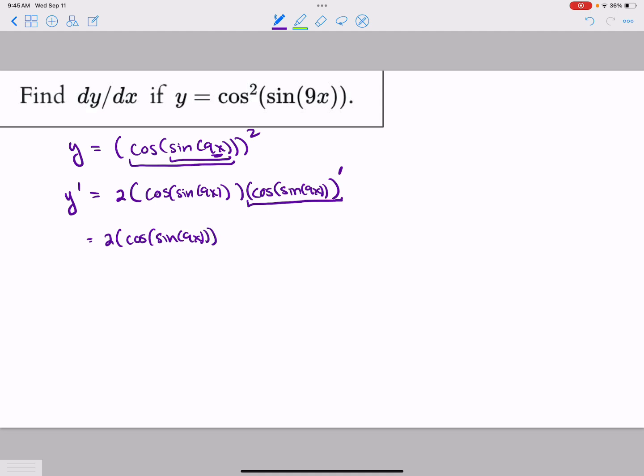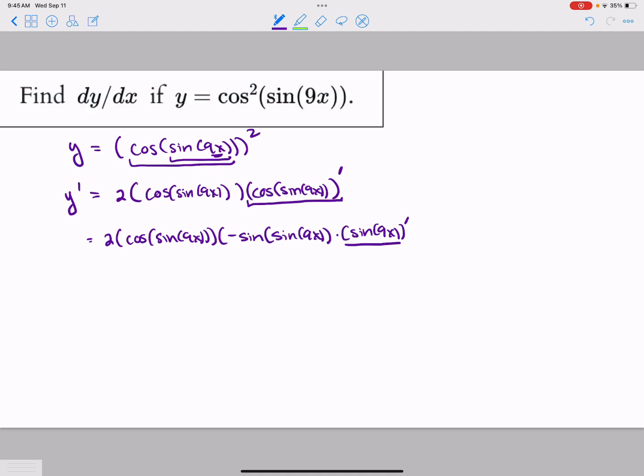And now looking at the cosine of sine of 9x, my most outside is cosine. So the derivative of cosine is negative sine, leave the inside alone, times the derivative of the inside.